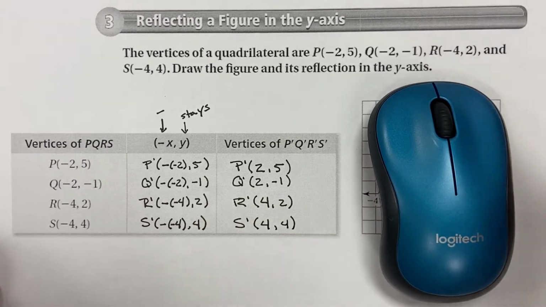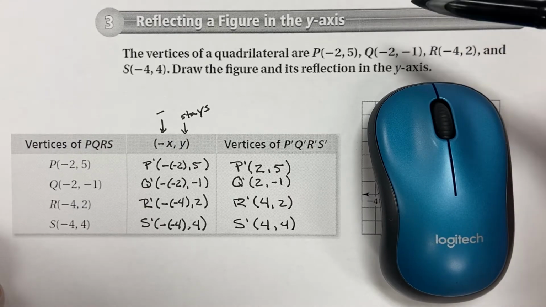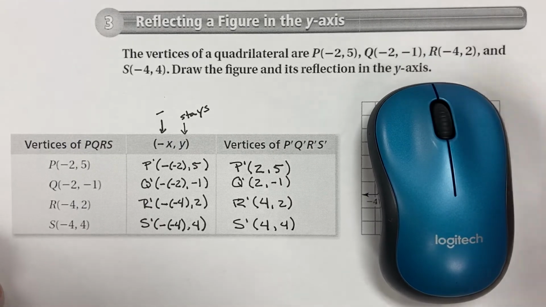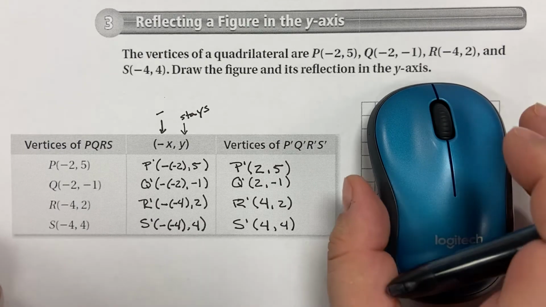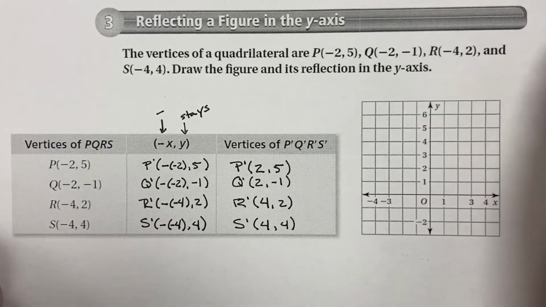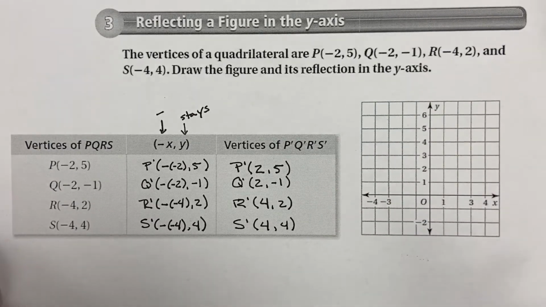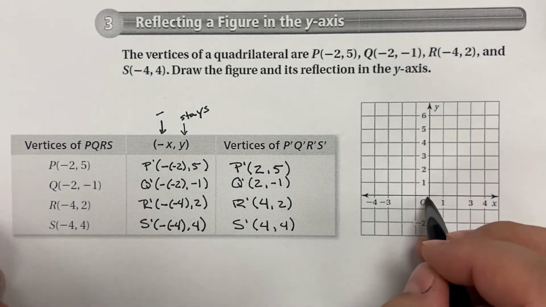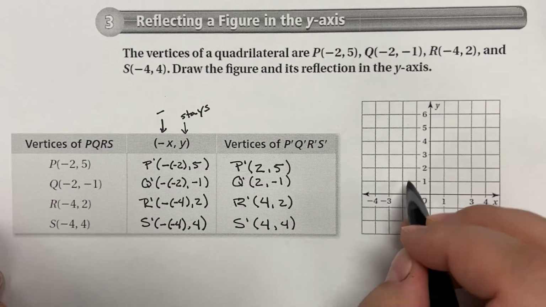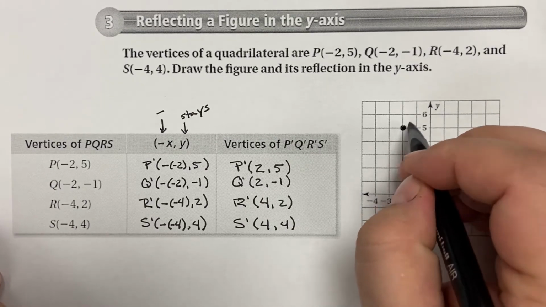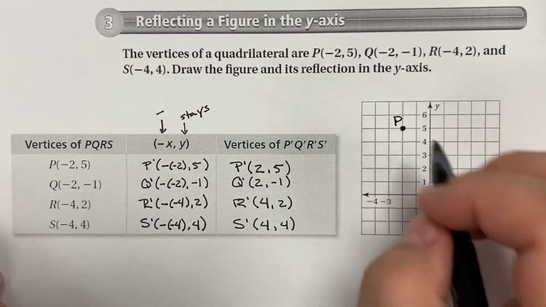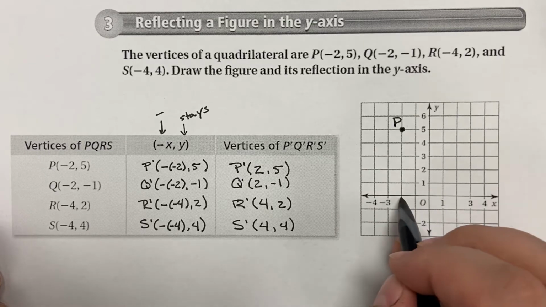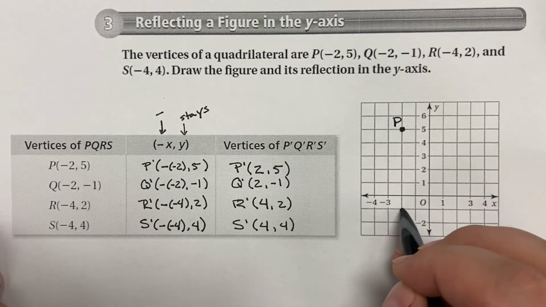All right, now that I have gone ahead and reflected about the y-axis, I'm going to first draw the original figure. And isn't it beautiful? Oh, I didn't cheat this time. So we're going to go ahead and do the original: 1, 2, and then up 5. Here's P. Then we're going to go over 2, down 1.